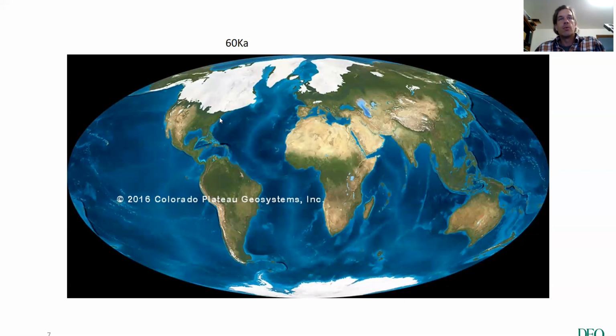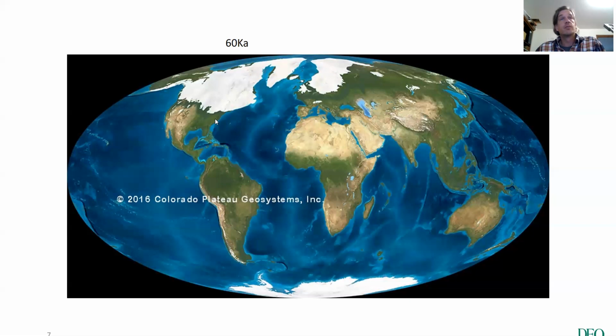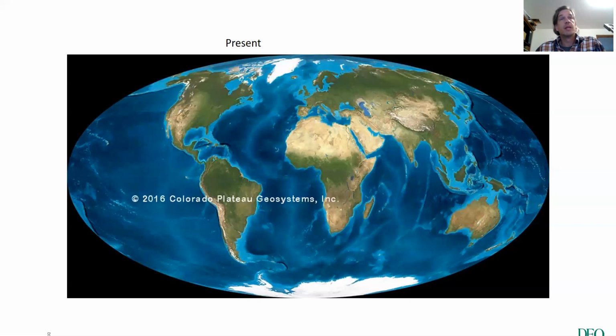Now, one other point I want to make, I don't want to get too involved in a climate change discussion, because that's a whole other topic, but changing climate really does have a big influence on, obviously, where water is on the coastline. And it remains to be seen how we as humans are going to be able to deal with that.